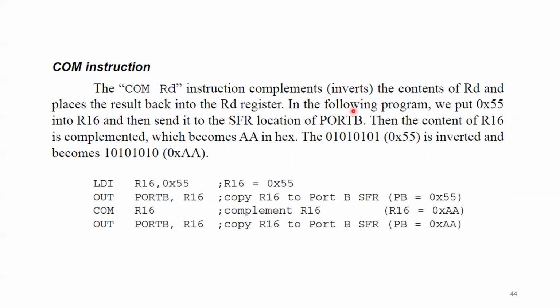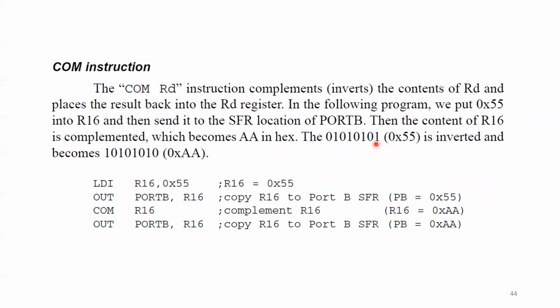So in the following program, for instance, we put 55 in R16, and then we send it to the special function register location at port B. Then the content of R16 is complemented, which becomes AA. So 55, when complemented, becomes AA.